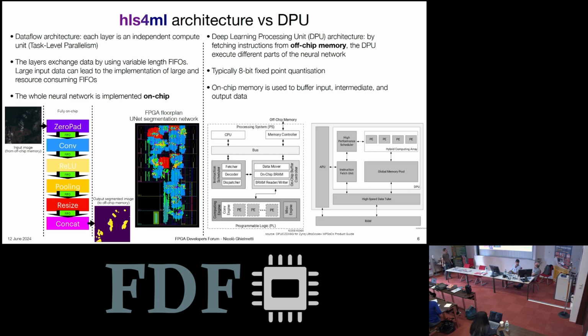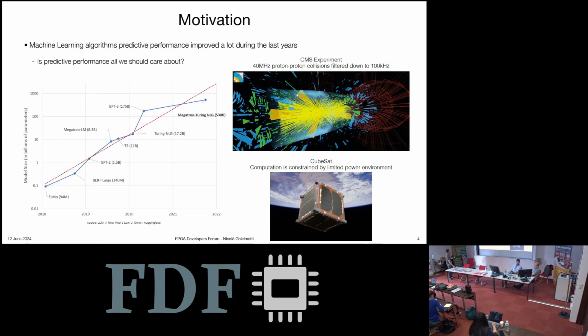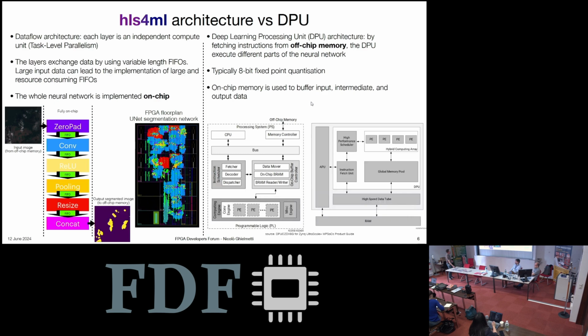For the DPU, typically the quantization is homogeneous and fixed. Instead, for HLS4ML, it is tunable at per-layer level.